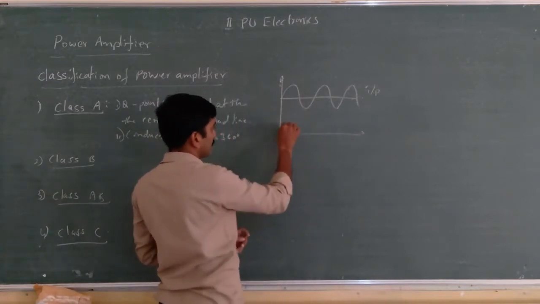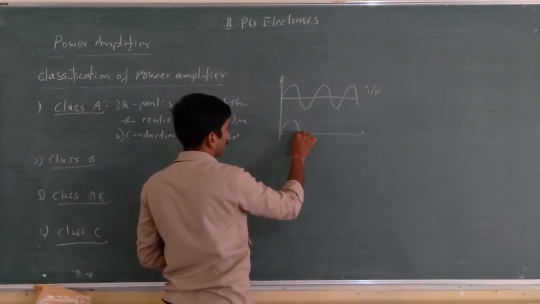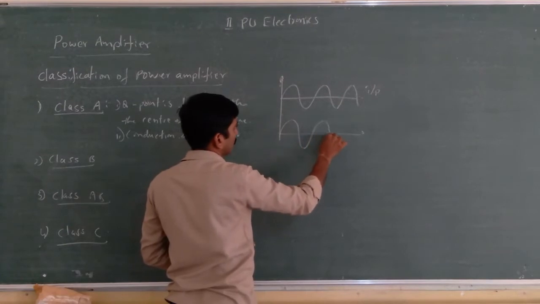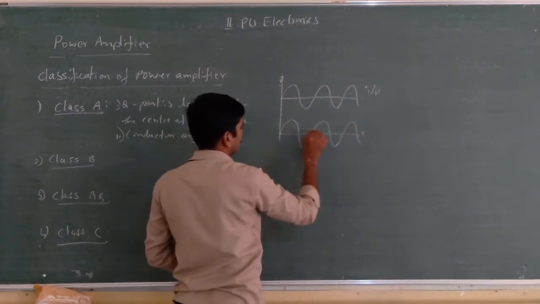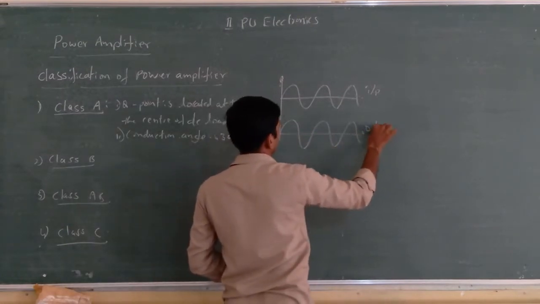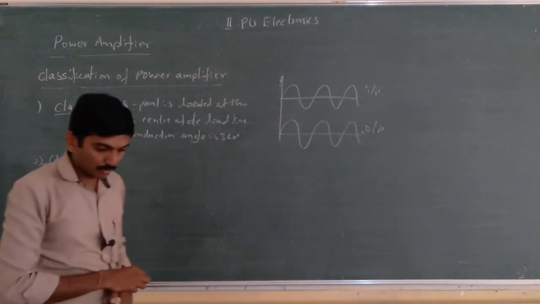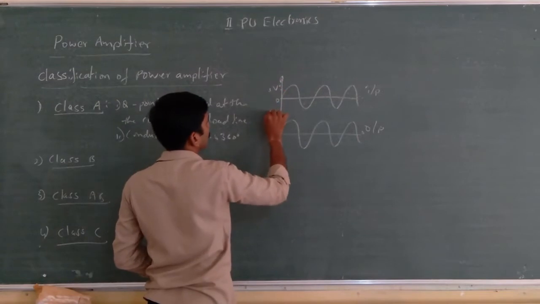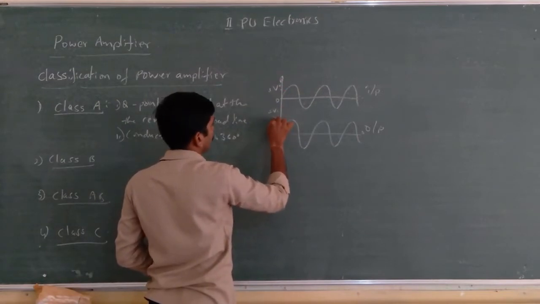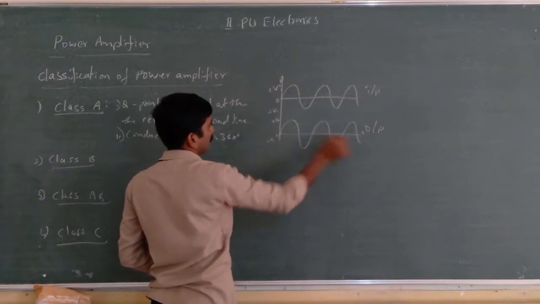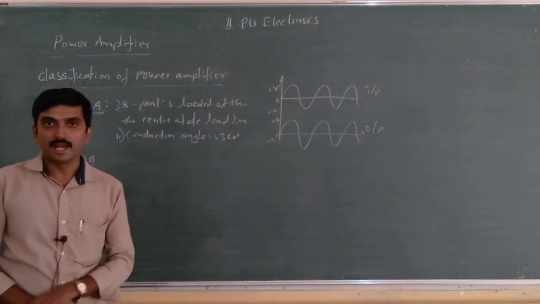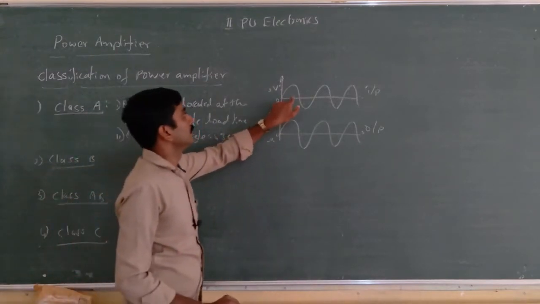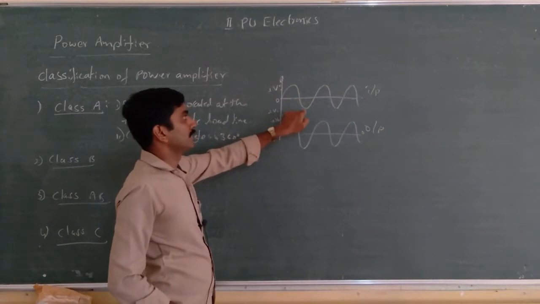In the output signal you are actually getting the inverted image, but I will draw the full diagram. See, this is the output signal: 0, Vi plus, Vi minus, Vi plus, V0 minus, V0, 0. You get full conduction angle: 0, 90 degree, 180 degree, 270 degree, 360 degree.